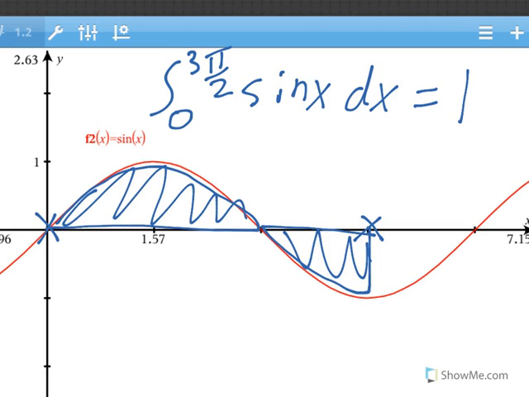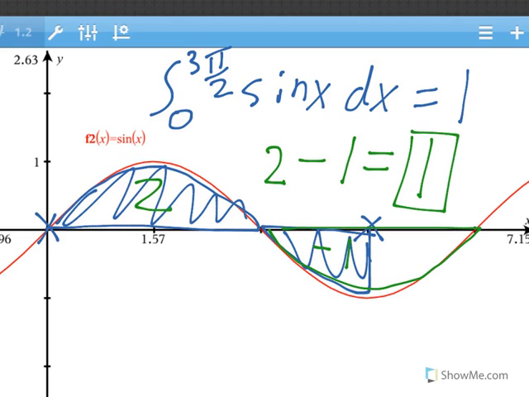The reason that is 1 is because area above the x-axis is positive, while area below the x-axis is negative. We found earlier that this was 2, and half of this region would be -1. So 2 minus 1 equals 1. So that would be the area. This is what is called finding the net area.